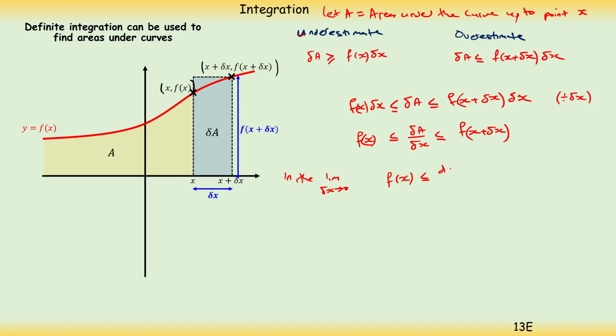So the differential of A with respect to x is less than or equal to, and this goes to 0, delta x tends to 0. Let me just change pen to write that. So that leaves us with f of x.